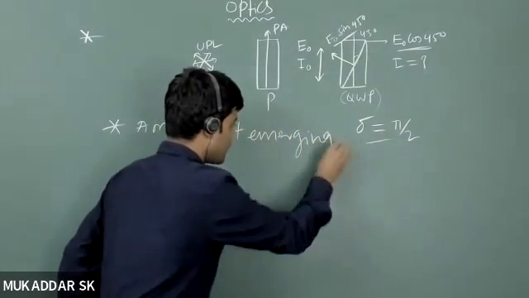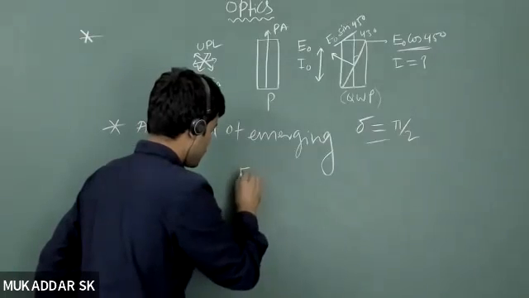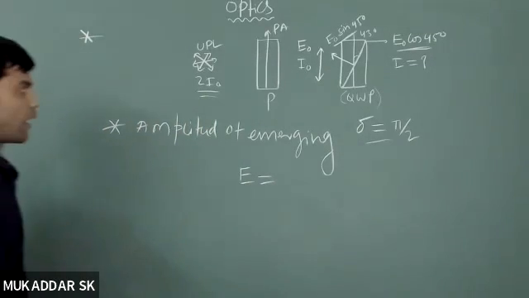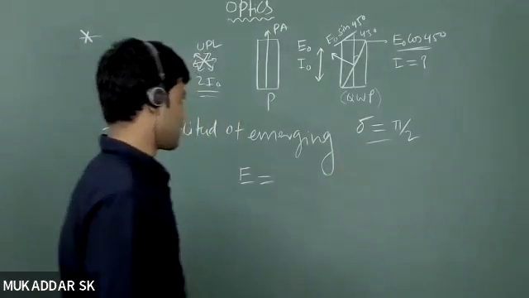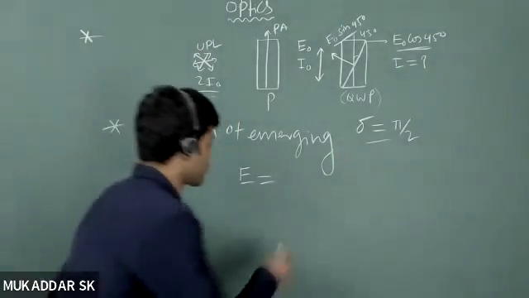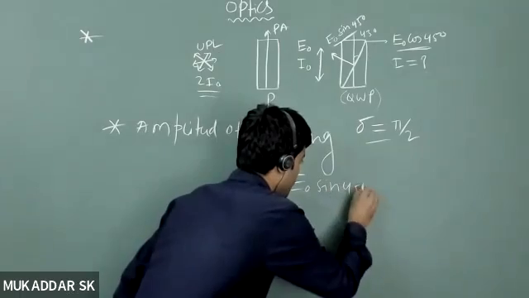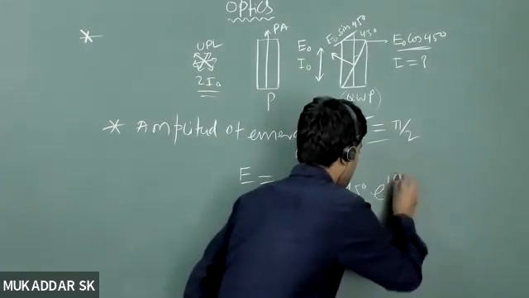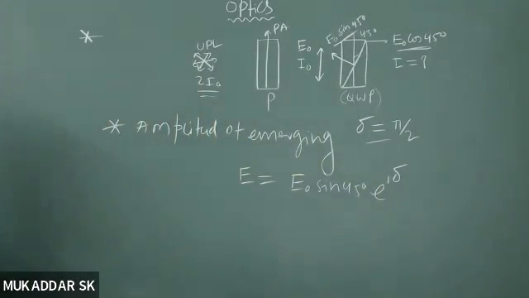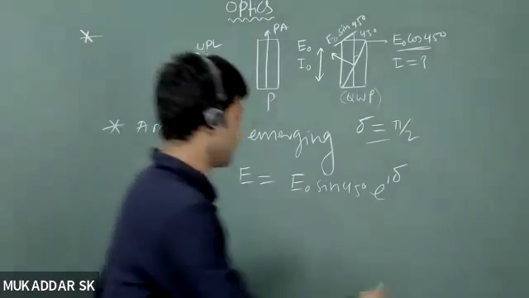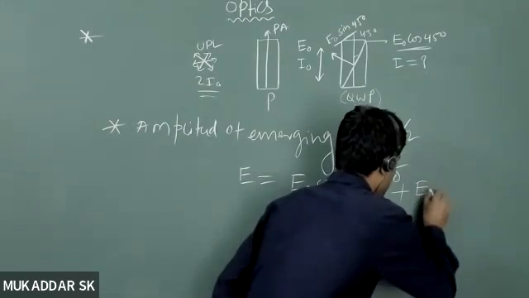Let us assume the net amplitude is E. We just apply the formula like Young's double slit: the two rays are superimposing, so the resultant amplitude is E naught sine 45 times the exponential i delta term, plus E naught cosine 45 degrees. The exponential term tells whether the two rays are making constructive or destructive interference.